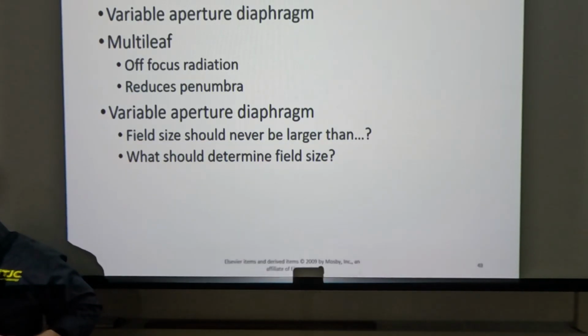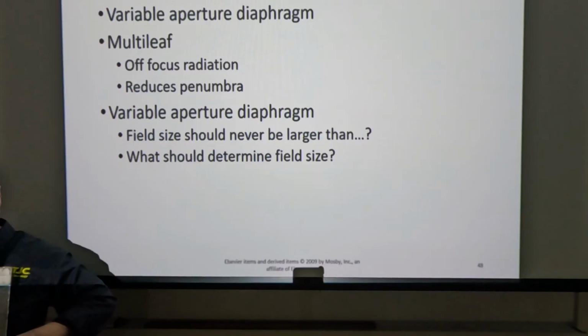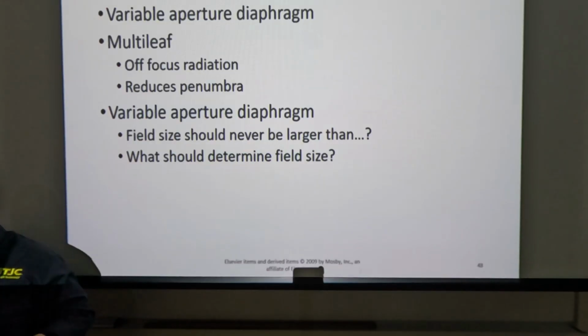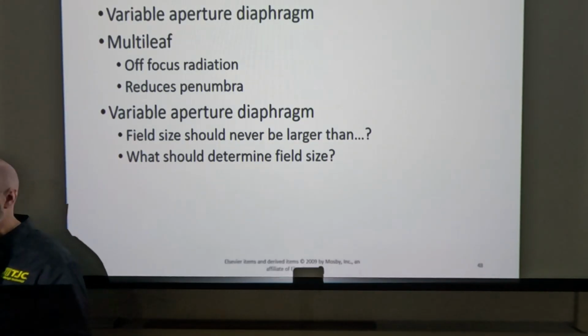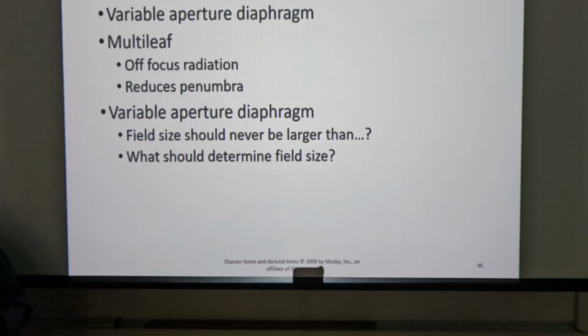But what if I increase my radiation field? It's still not going to fit. The only thing that's going to be represented on here is the anatomy that's no bigger than the image receptor. So no larger ever than the image receptor. That's just dose to the patient. That's unethical. And secondly, you want to limit your radiation field just to the anatomy.